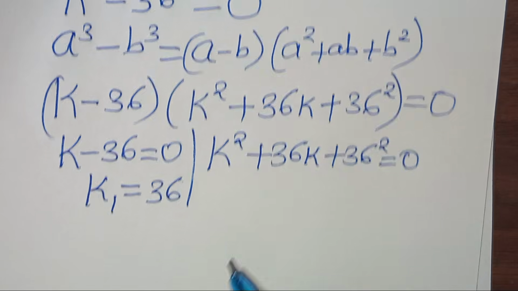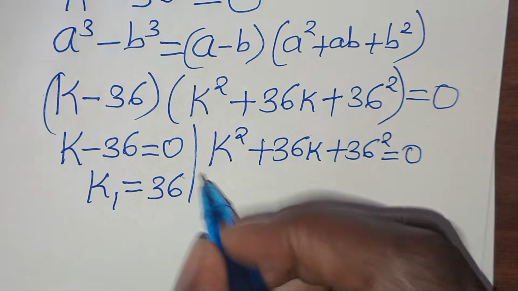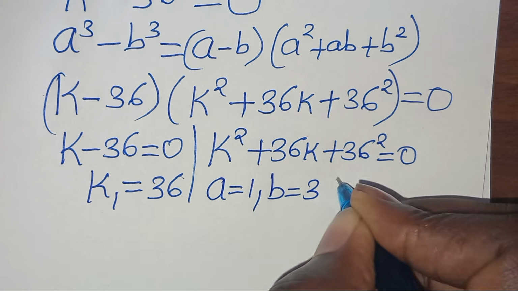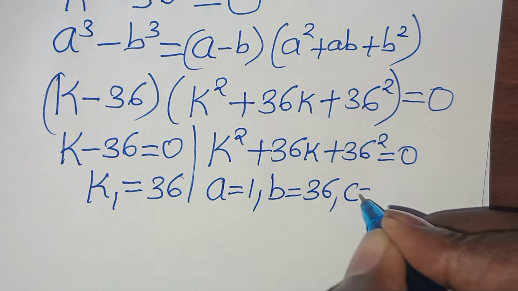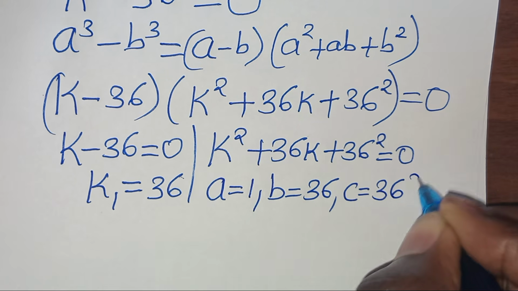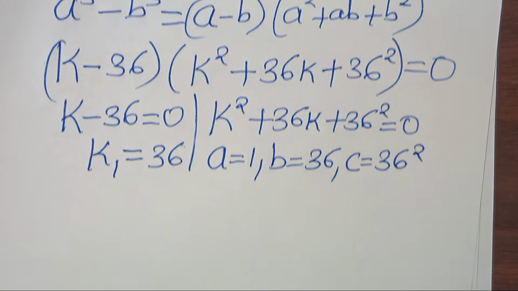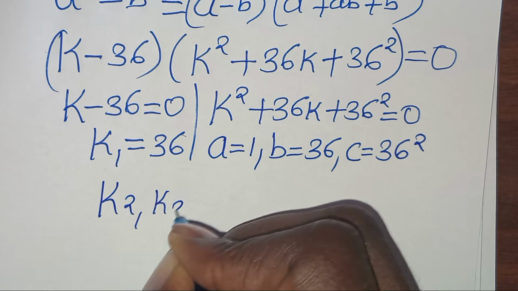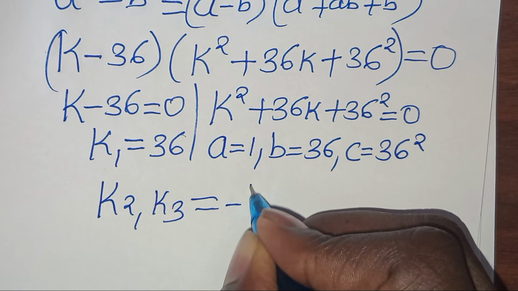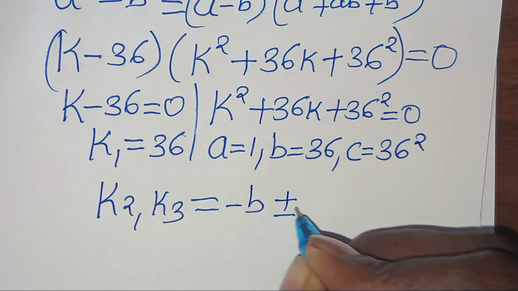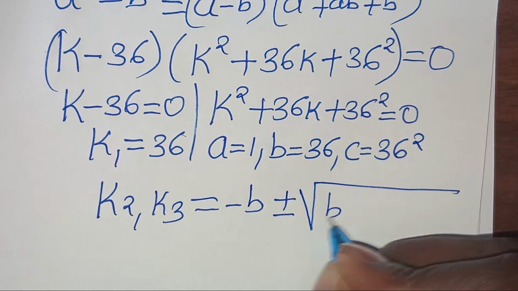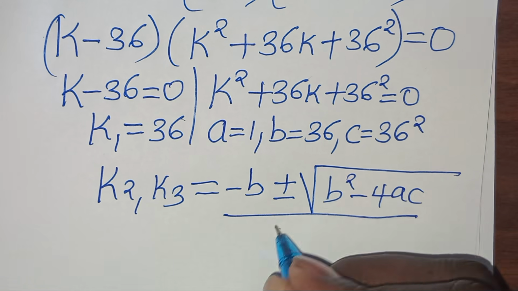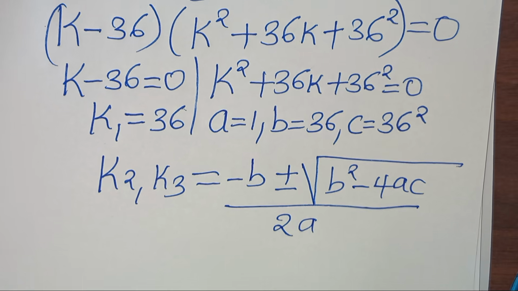Now the second part is a quadratic equation where a is equal to 1, b is equal to 36, and c is equal to 36 raised to the power of 2. So we can solve for k2, k3 by applying the quadratic formula, which is minus b plus or minus the square root of b squared minus 4ac, everything divided by 2 times a.